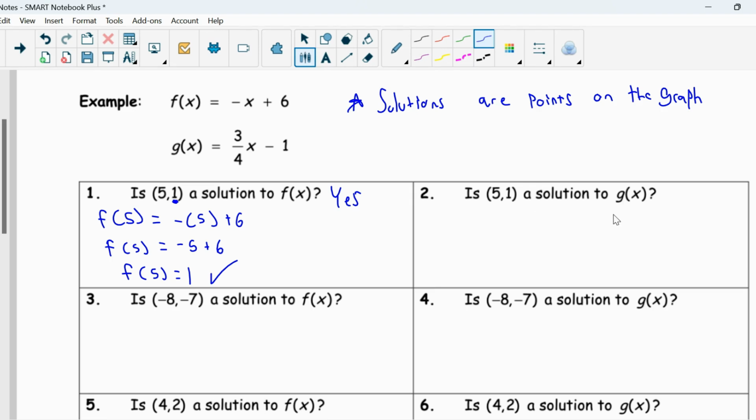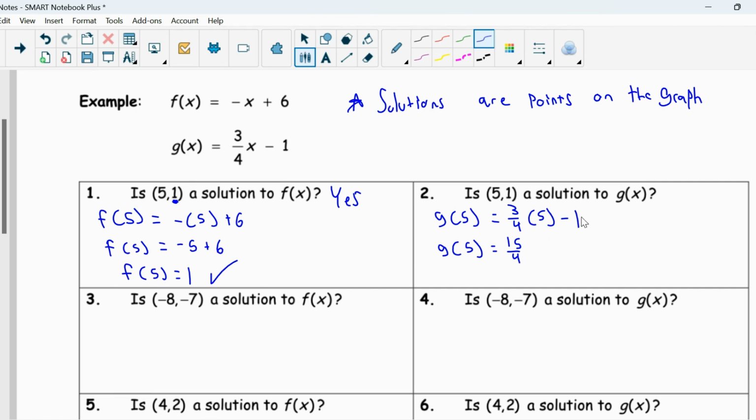Let's check g of x. So we have g of 5 equals 3/4 times x, which is 5, minus 1. Okay, that will give us g of 5 equals, let's see, we have 5 over 1, so that'd be 5 times 3, which is 15 over 4.